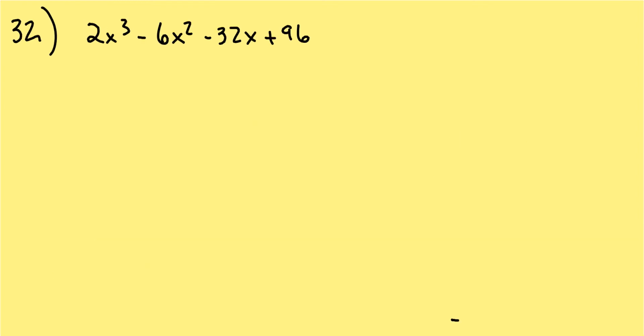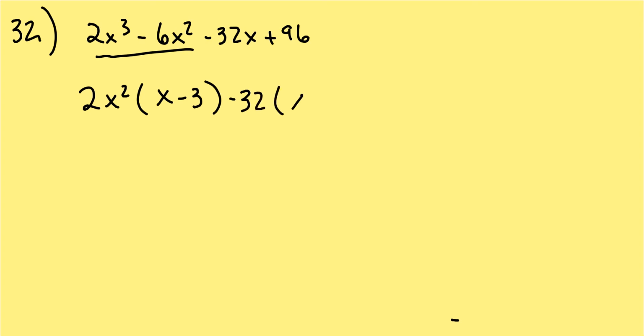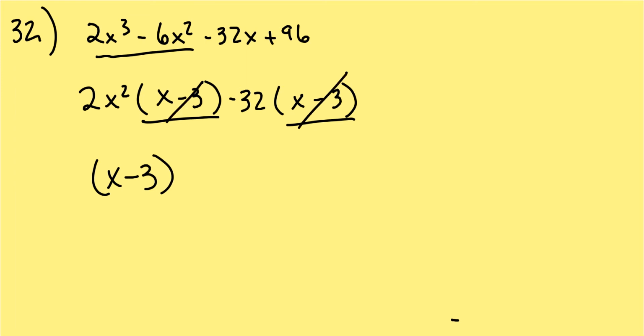Alright, so 32, I have 2x cubed minus 6x squared minus 32x plus 96. Looking at the first two, I take out 2x squared, and I'm left with x minus 3. I take out the minus 32, and I'm left with x minus 3. I have like terms, so I have x minus 3 and cancel them out. I'm left with 2x squared minus 32.